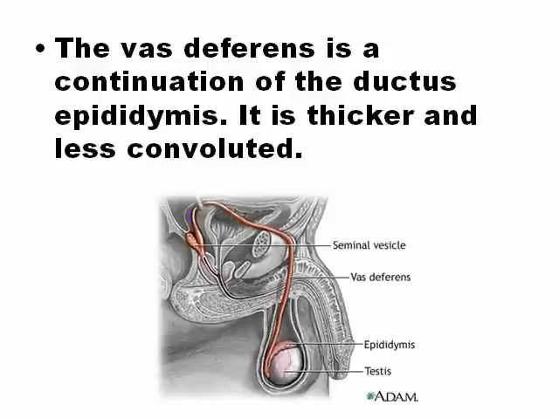The vas deferens is the continuation of the ductus epididymis, is thicker and less convoluted. You can see here that the vas deferens comes inside the abdomen, goes over the ureters and finishes in the seminal vesicle.